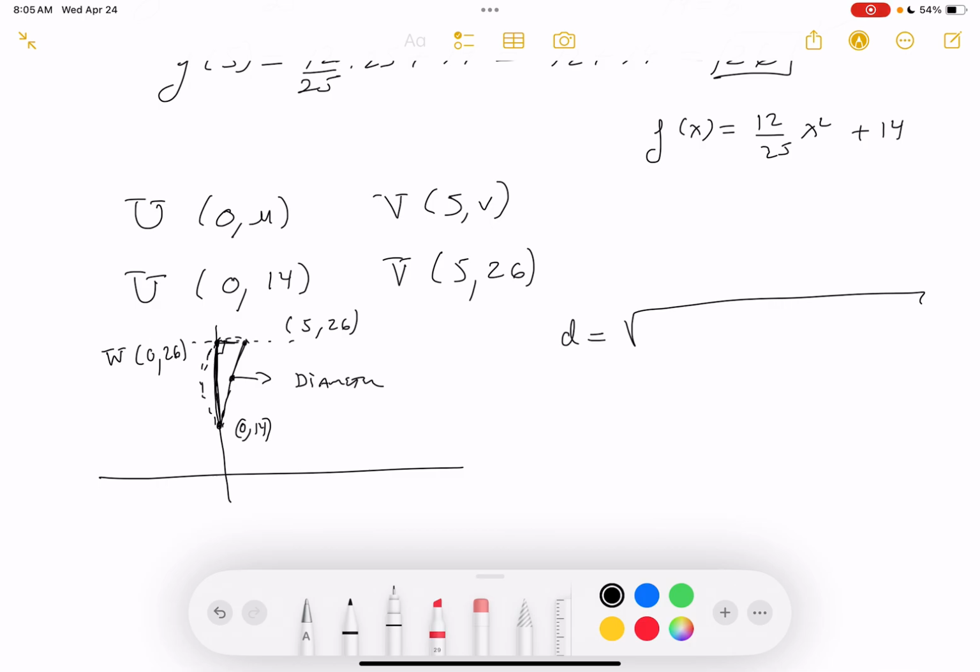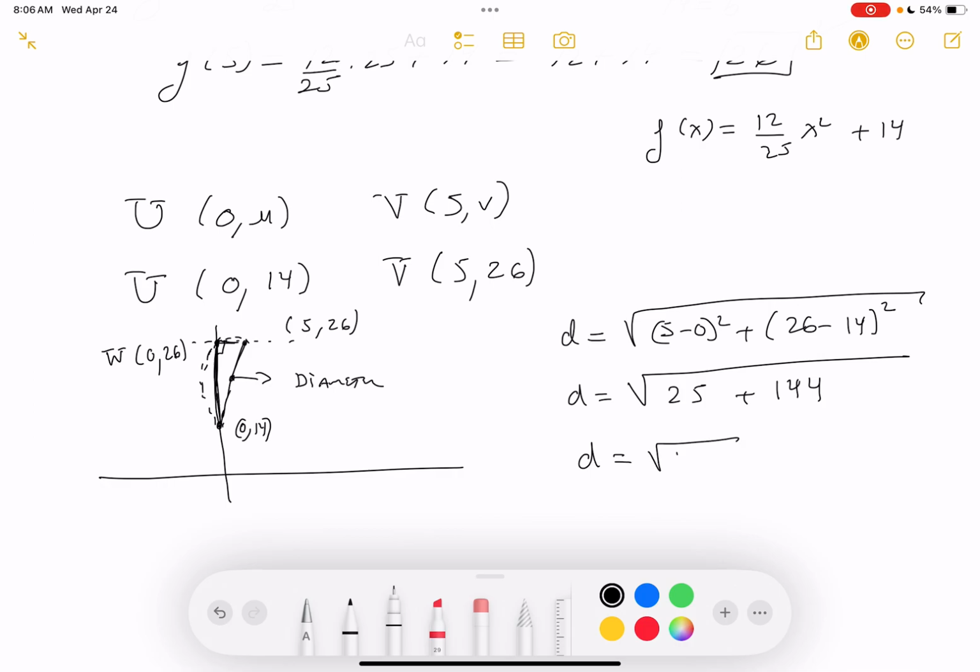So D equals the square root of (5 minus 0) squared plus (26 minus 14) squared. That's 25 plus 144. So D is the square root of 169, and the diameter of that circle is 13.